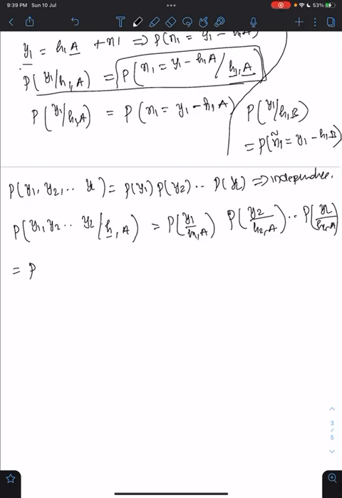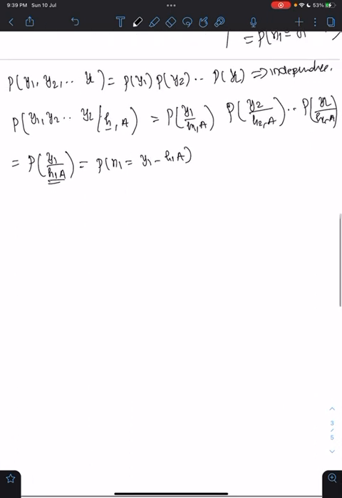All right, so the probability of y1 given h1a, the probability of y2 given h2a, the probability of yL given hLa, and we also know from the above analysis that the probability of y1 given h1 and a equals the probability of n1 equals y1 minus h1a, right? You can get rid of this conditional because noise is independent of the channel and the symbol that you transmit.